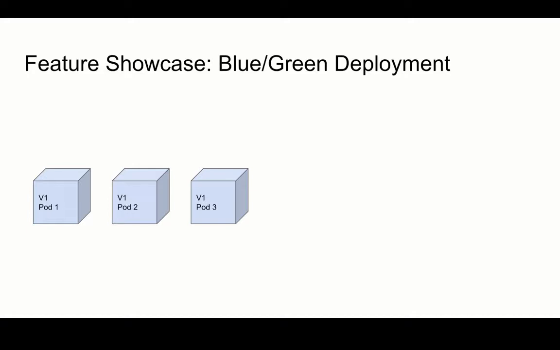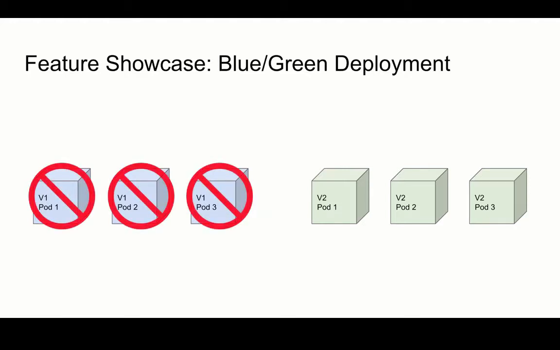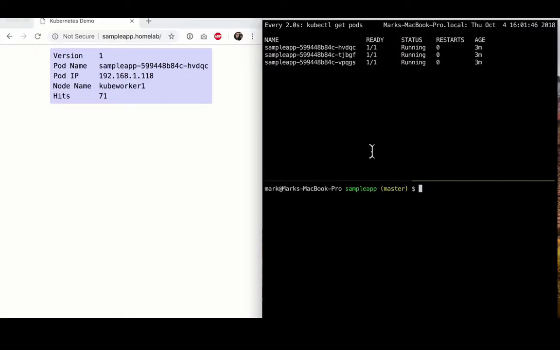So we're going to implement blue-green deployment for our sample application by first creating the version 2 instances of our microservice, and then observing if version 2 is behaving as expected, and only then do we direct all future requests to version 2 before killing off version 1.